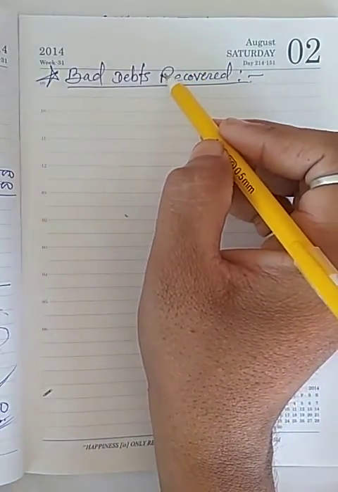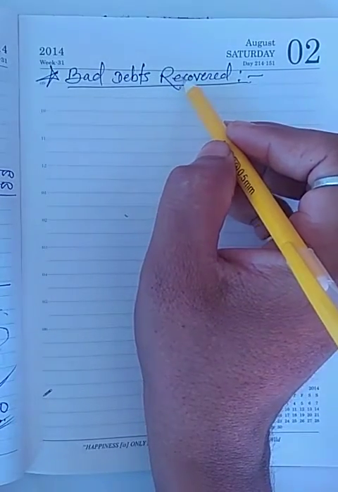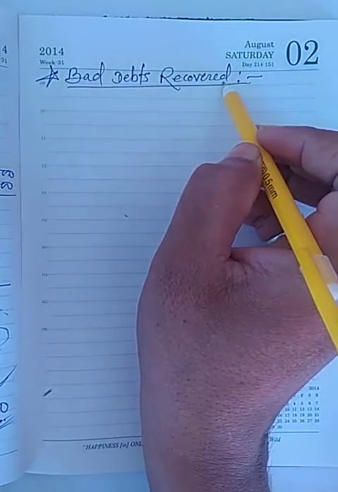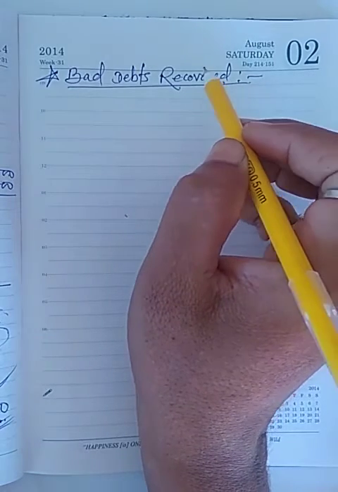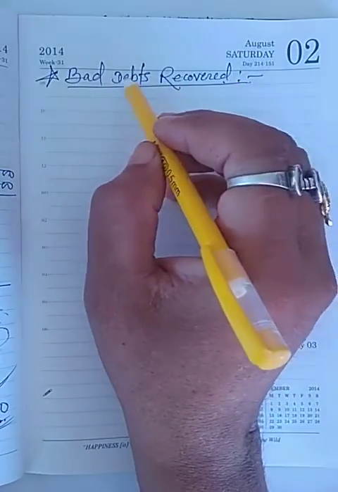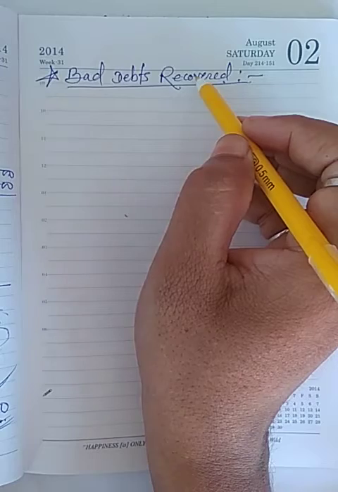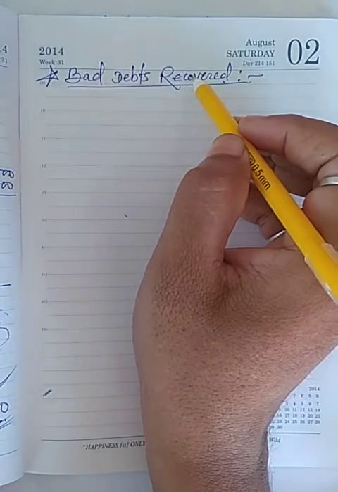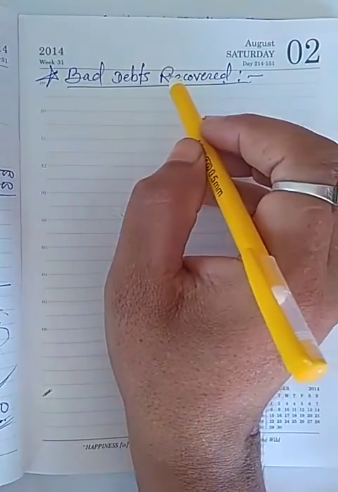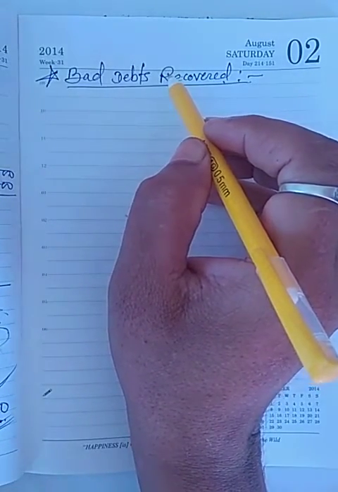Sometimes it so happens that bad debts previously written off are subsequently recovered. In such a case, the journal entry will be cash account DR to bad debt recovered account.